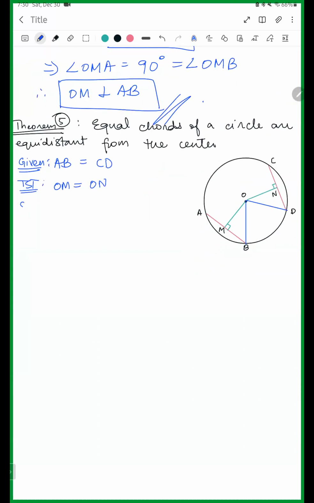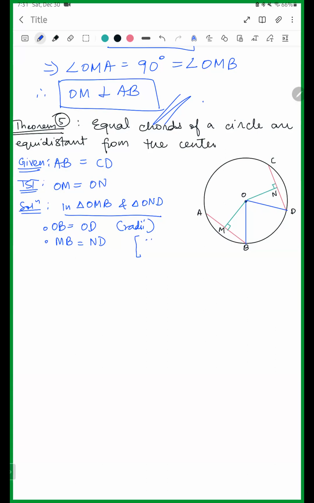So solution: in triangle OMB and triangle OND, OB is equal to OD because radii. MB is equal to ND. Why?